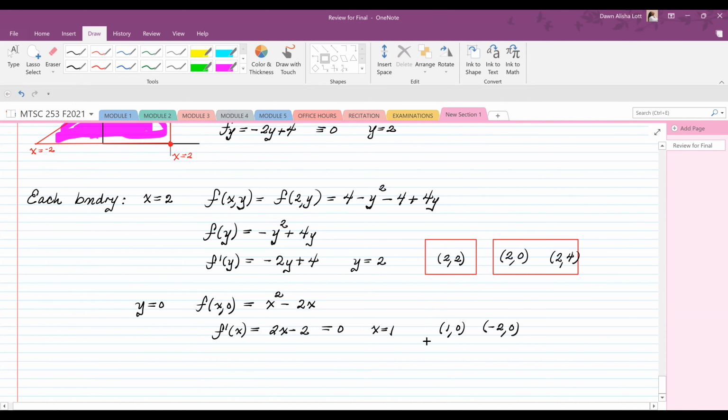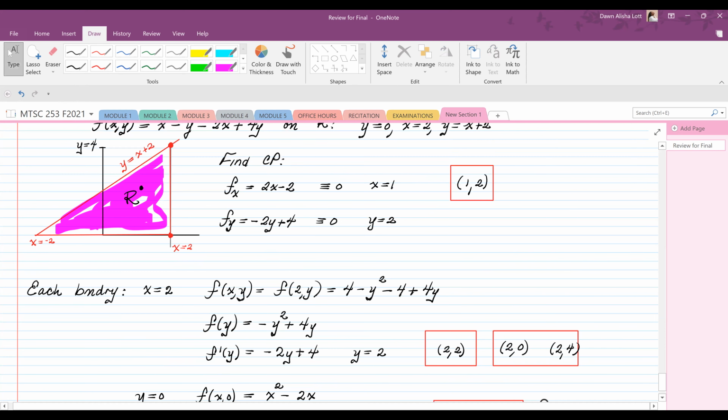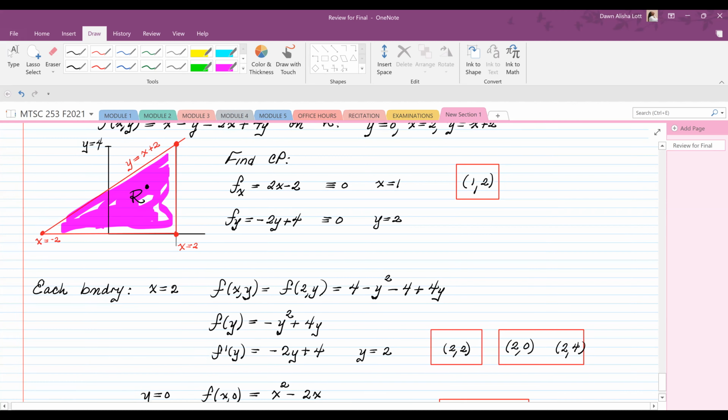The other endpoint we have to check is because we're on this line at the bottom, and we already checked that endpoint. So now we don't have any more endpoints to check because we already got them all.